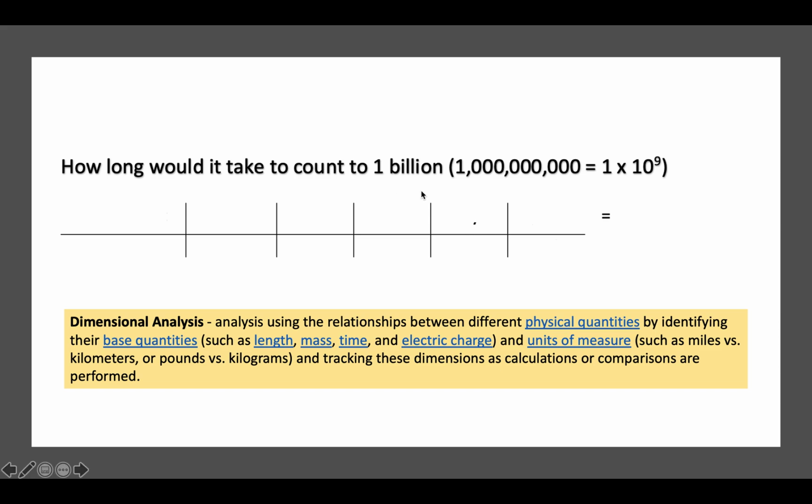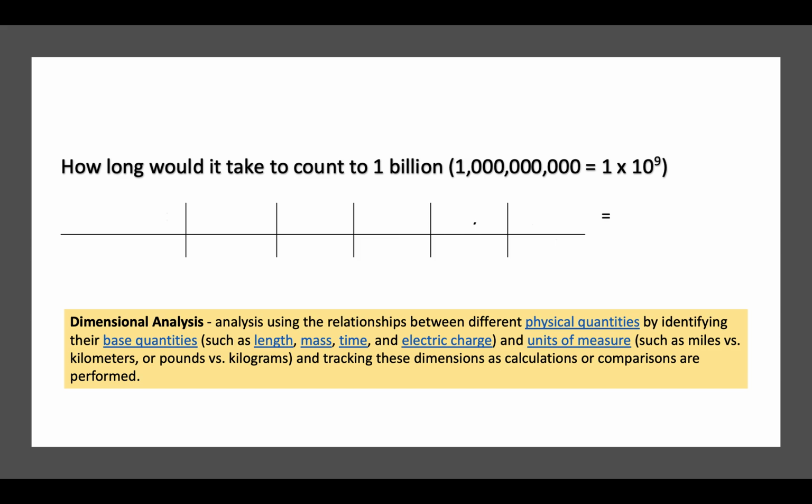In this case, count to 1 billion. So we think about that. There's a big number, 1 billion. Kind of hard to think about and put in context and relate to things that we normally think about and talk about. So that's a place for dimensional analysis, to put it into a unit that we can relate to.